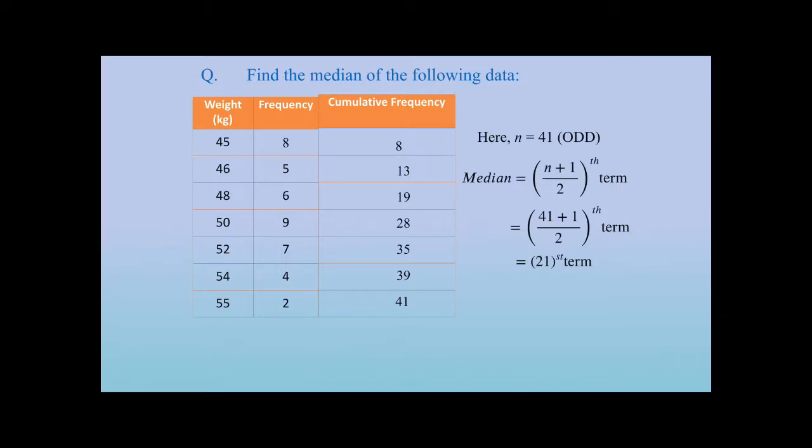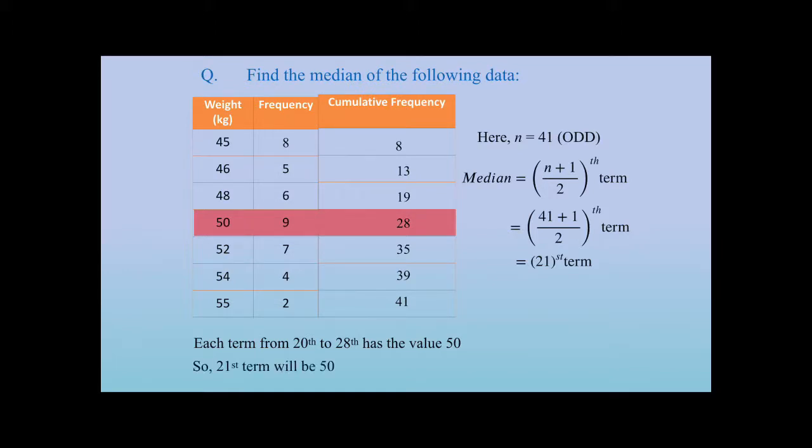Now from the 20th term till the 28th term, each term will be 50. So our 21st term will be 50. Therefore, the median of this data is 50 kg.